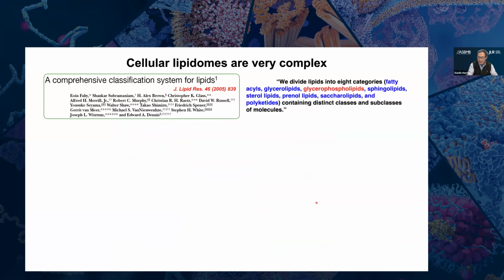In addition to such an important role, lipids are also very complicated. As shown here, about 20 years ago the LIPID MAPS Consortium classified lipids into 8 categories. I would like to give you an example with glycerophospholipids, to show how complicated it is.